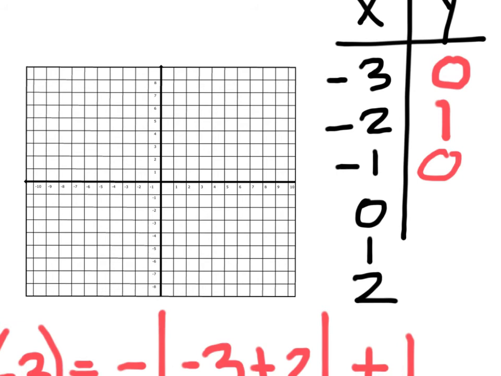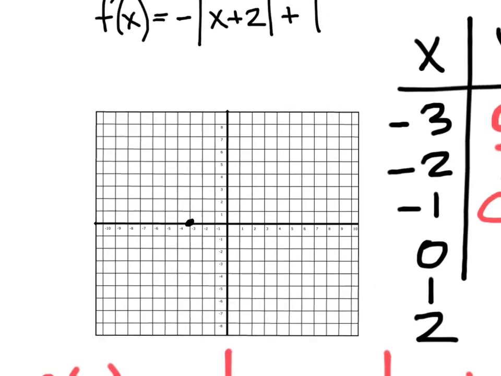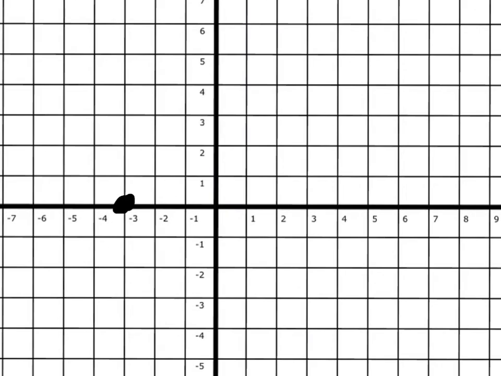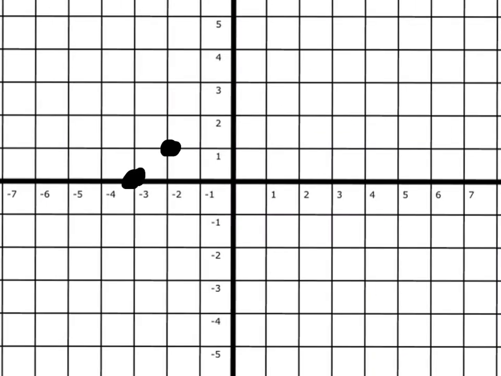And I'll make it a bigger dot. So negative 3, 0. If I go back 3 and up 0, I am here. Back 2 and then up 1. And then negative 1, 0, so back 1, up 0. There's the V shape right there.